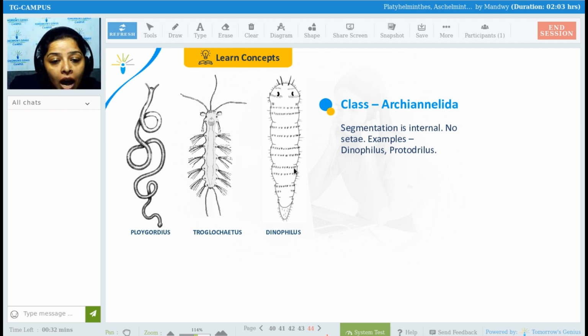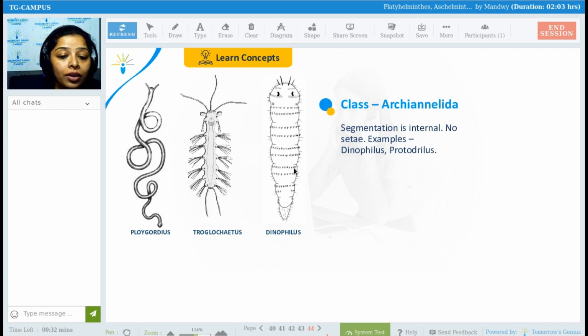Archaeannelida. Archaeannelida are a group of animals having internal segmentation. Externally, in some of them you will find setae, which are very few in number, and segmentation will be internal and not external.